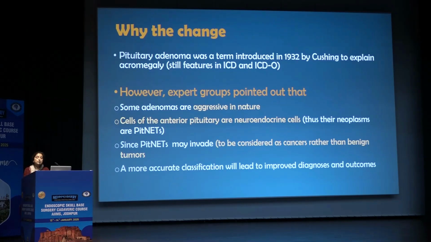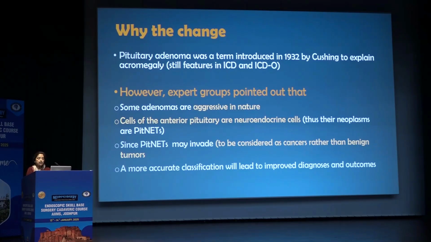Cells of the anterior pituitary are neuroendocrine cells, thus their neoplasm should be labeled as PITNET. Some PITNETs do invade, so they need to be considered as cancers rather than benign tumors, and this has started a big debate about whether PITNET should be labeled as benign or malignant. But as of now, according to the WHO 2022 classification, they have labeled PITNETs as cancerous lesions.